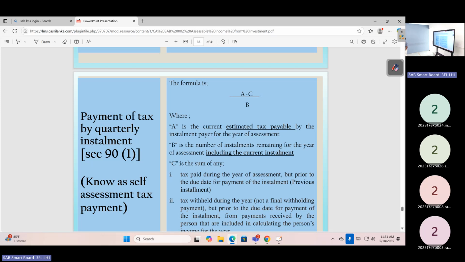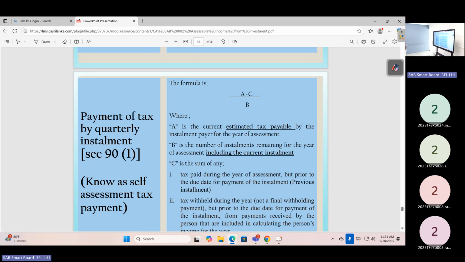Because how do installment tax payments come? Say 24-25. The first installment is due by 15th August 2024. The second installment is due by 15th November 2024. The third installment is due by 15th February 2025. So you can see that all those installments come before the end of the year of assessment.